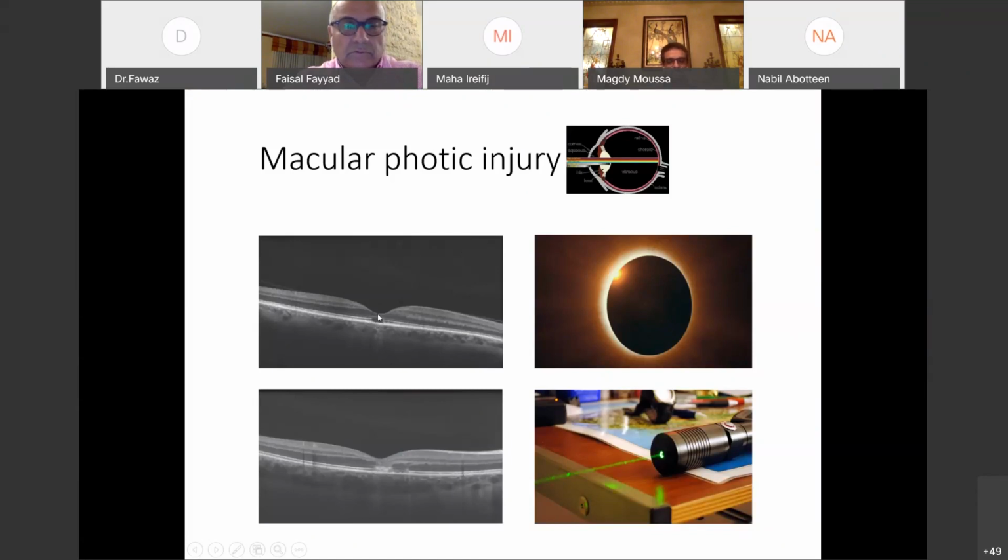So when we see this sign in the OCT, this is definitely one of the signs of photic injury, the eclipse burn. Also, we now find many cases of industrial laser injury that initially cause damage in the form of hyperreflectivity involving the photoreceptor layer, the RPE, and maybe even the external limiting membrane, and later on this damage may convert into CNV also.